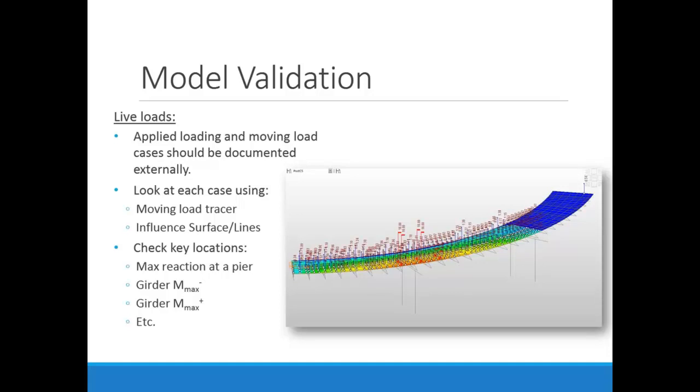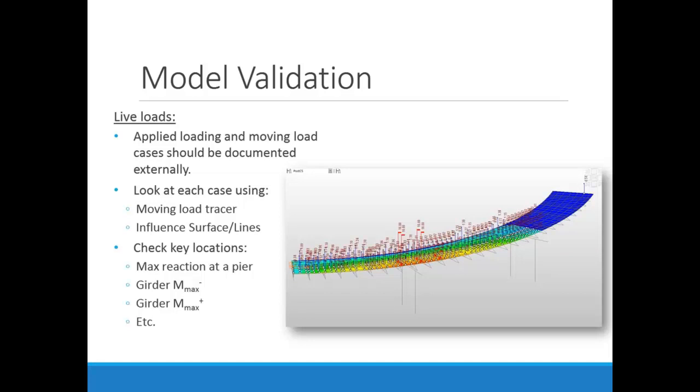Some things that you can do to verify that your live load is functioning properly: there's a couple tools within Midas. One of them is Moving Load Tracer. I have a picture right here of an HL93 loading, and this is where I'm asking for the location of the truck and lane for the maximum force in that column of Pier 1.